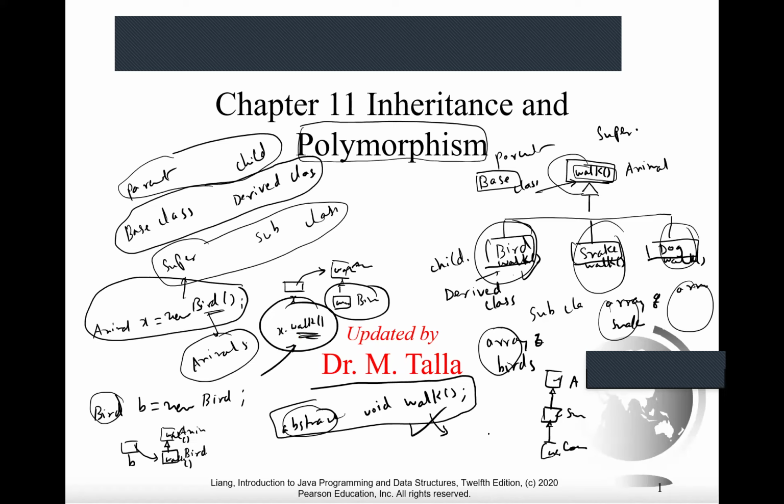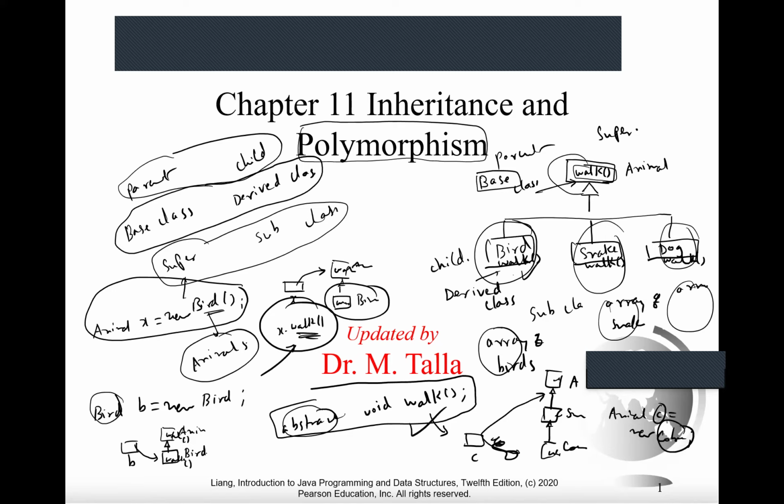So now you created a cobra, and I can create a cobra with a reference to animal. How do you do it, sir? Animal c equals new Cobra. I'm going to demonstrate this. Because this is cobra, but the reference is to the animal.